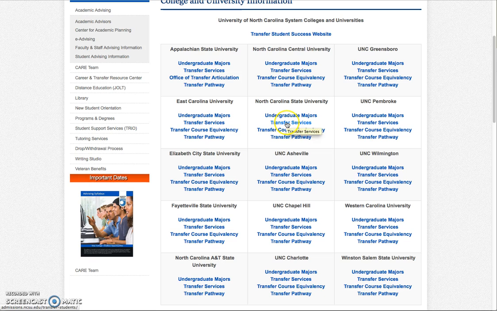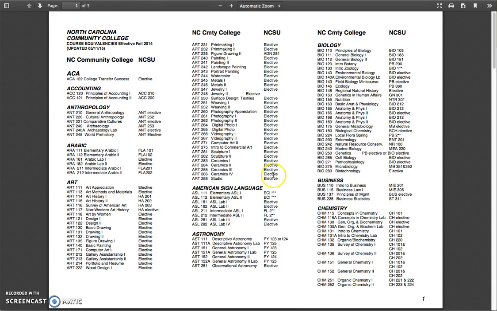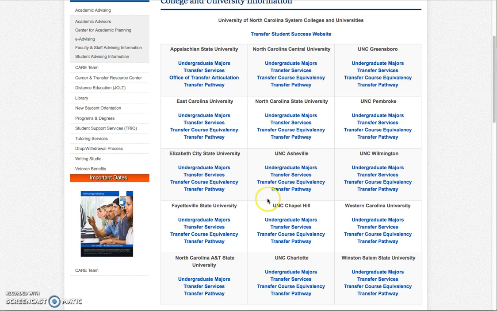But if we go to NC State, we can see the transfer course equivalency, where you can go through and see how courses transfer from the community college system to NCSU. You can also, from this page, go to the major sites.